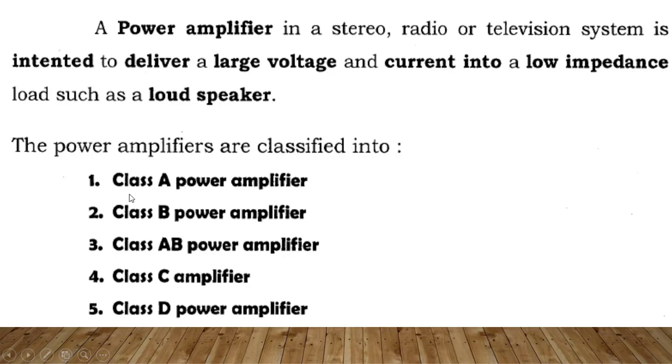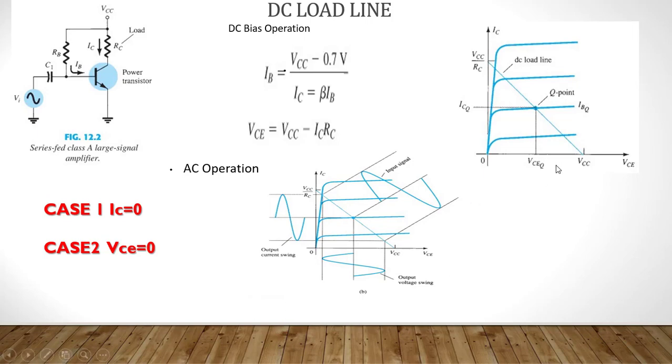Now what do class A, class B, class AB and class C mean? As I already told, it all depends on the Q point. If the Q point is in the middle, we call it class A. If the Q point is at 0, that is called class B. Class A means your Q point is somewhere in the middle.